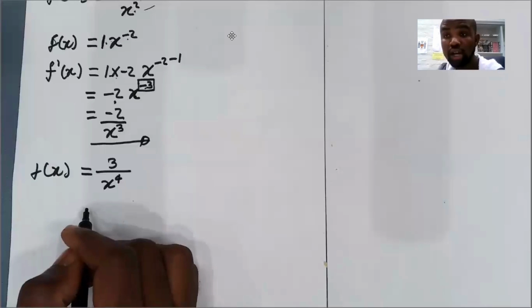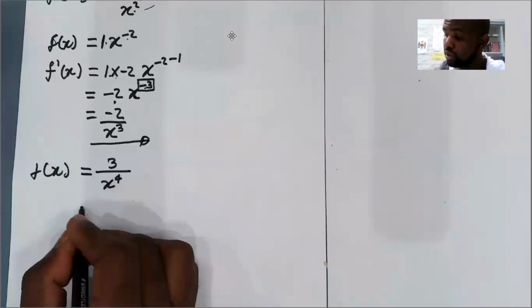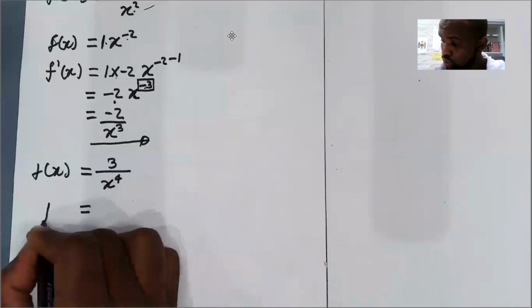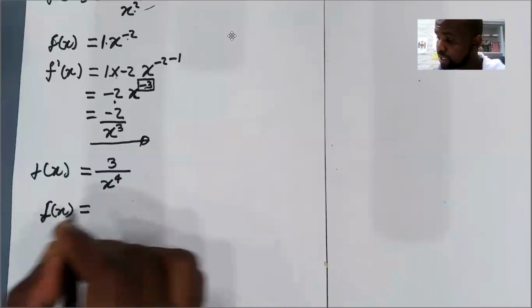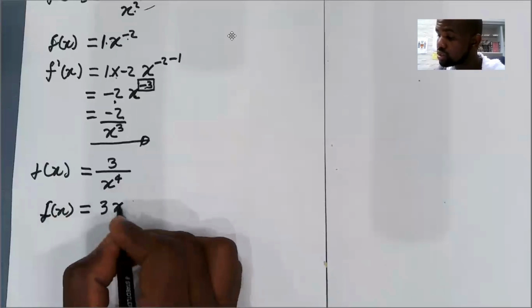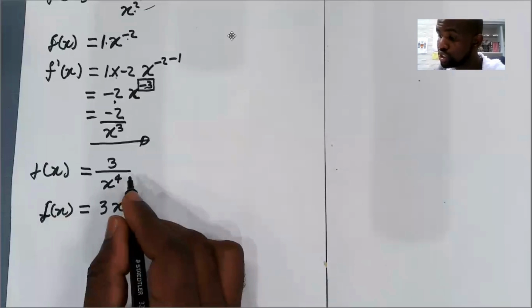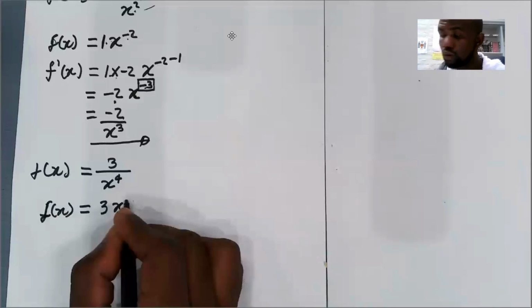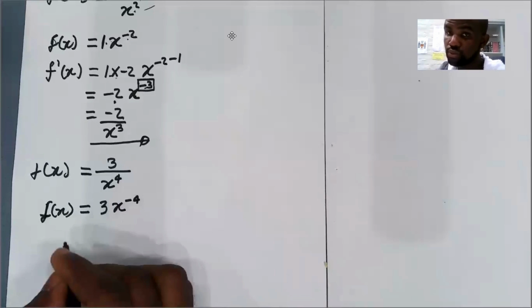So we need to take our variable x, its exponent, and move it up to the numerator. We bring back our f at x because we haven't derived yet. f of x is 3, the coefficient, x in the numerator, moved up, change sign, negative 4 the exponent. I hope you do understand, guys, because now we're going to derive.